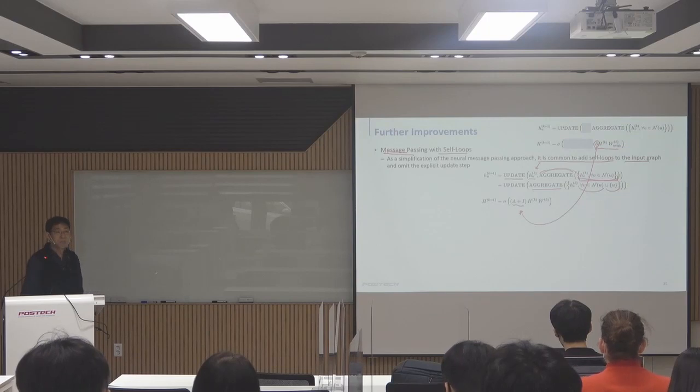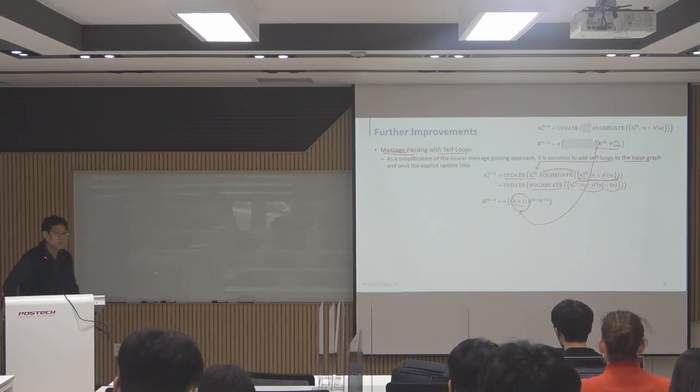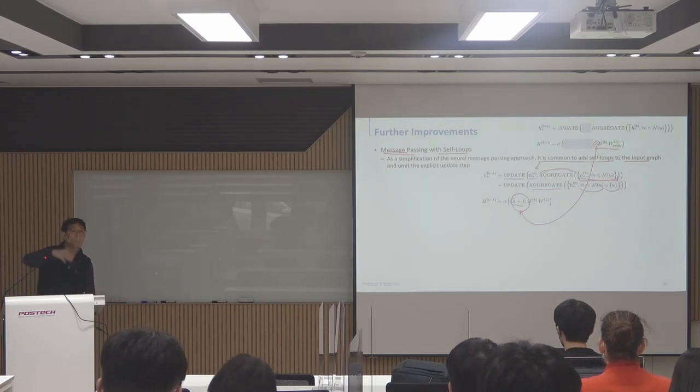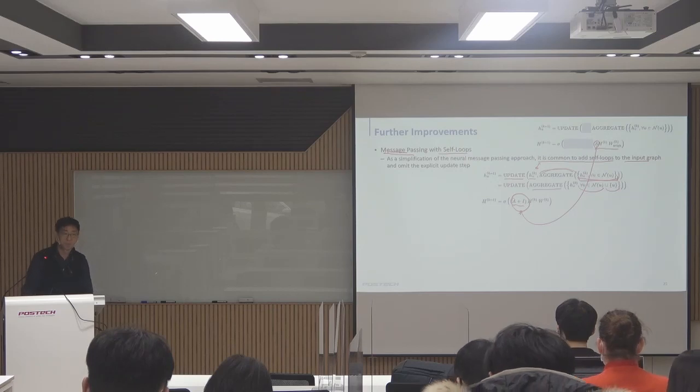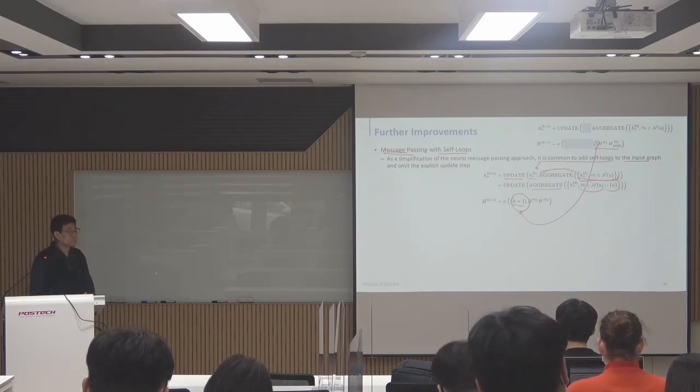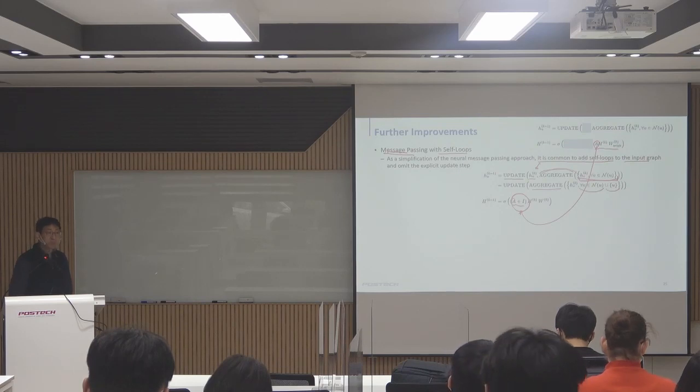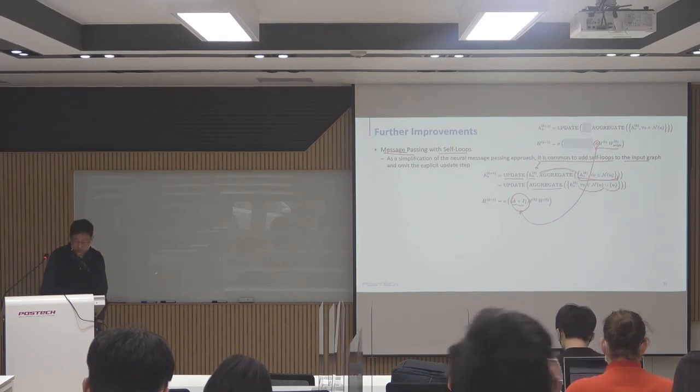By adding the identity matrix, I include a self loop into the adjacency matrix, or into my graph. So I made a small improvement.